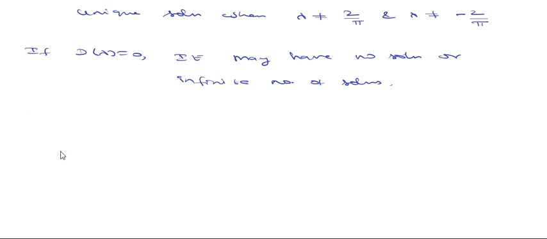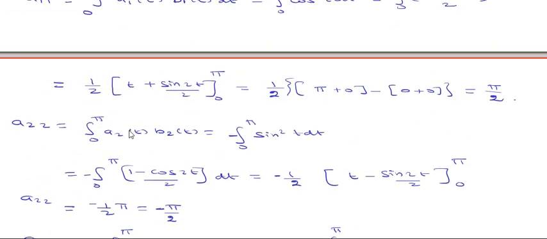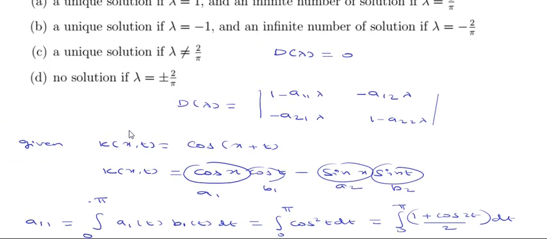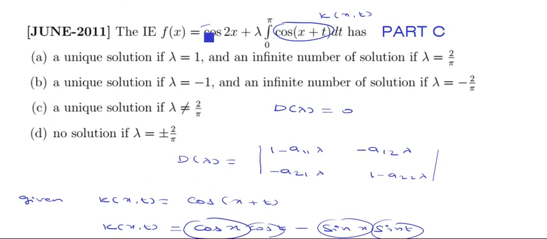So first we will calculate f1. f1 is calculated by using the formula integral 0 to pi of f of t into b1. The non-homogeneous term is cos x, not cos 2x.